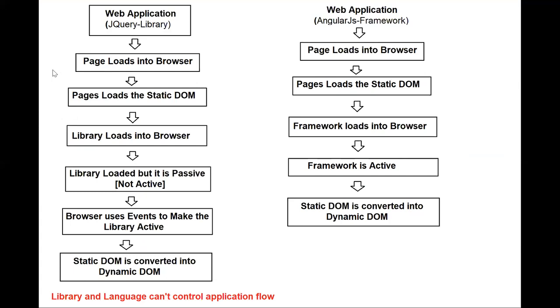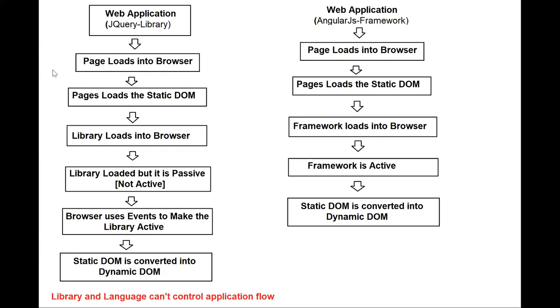To make the library active, what do we have to do? Events. Events make the library active, then the application starts responding. A library can build an application, but it cannot control the application flow. But a framework loads into the DOM and starts responding. It is active, so it can directly control the application flow.